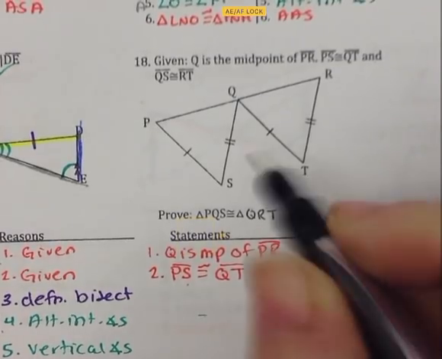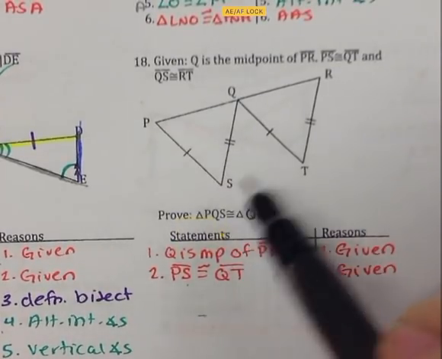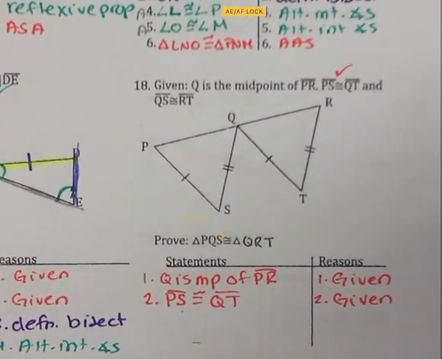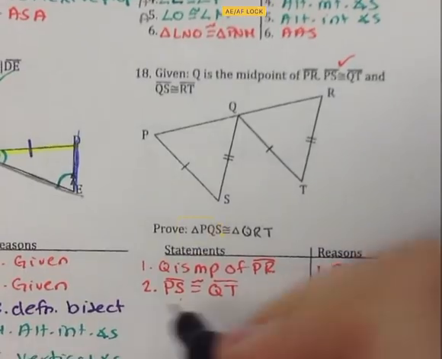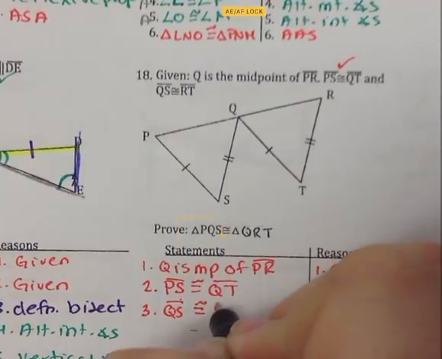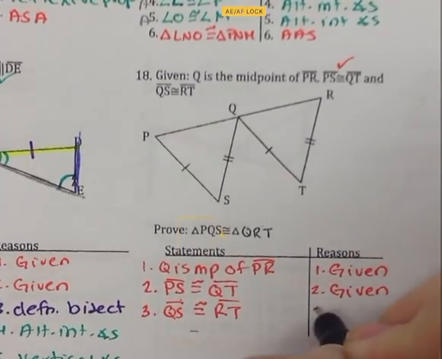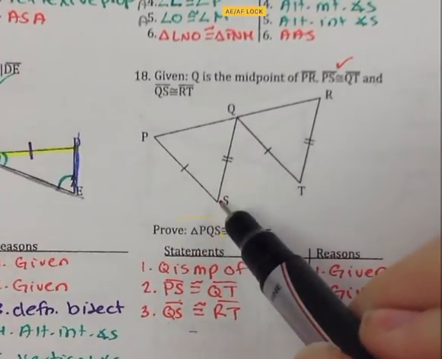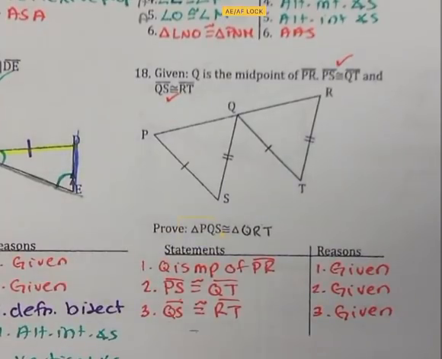Make sure you put your numbers. So PS has a tick mark and QT has a tick mark, so that is marked. And then we have statement 3 is that segment QS is congruent to segment RT because it is given to us. So QS has 2 tick marks and RT also has 2 tick marks, so I can put a check mark.